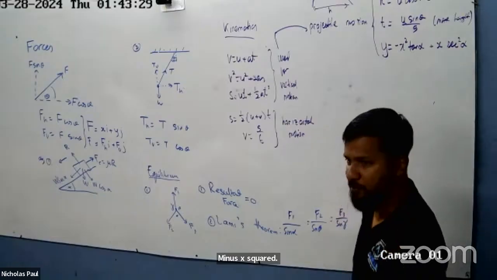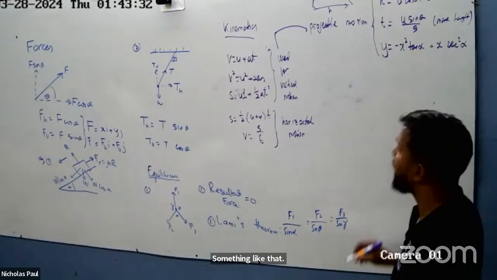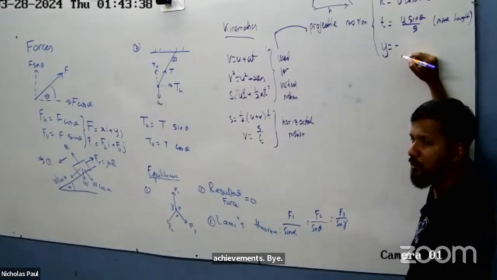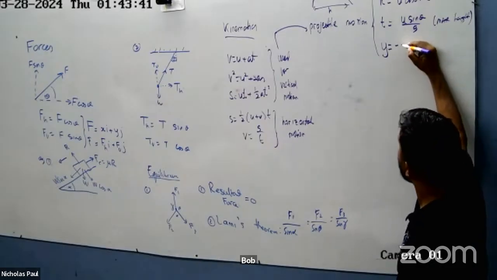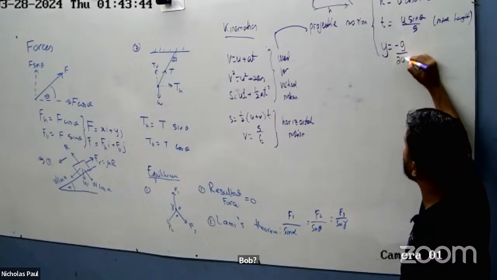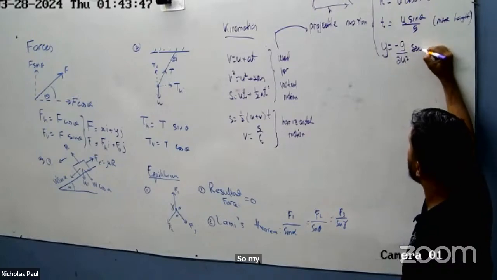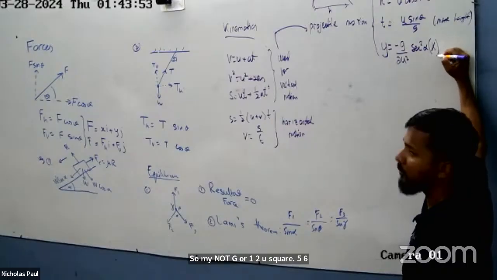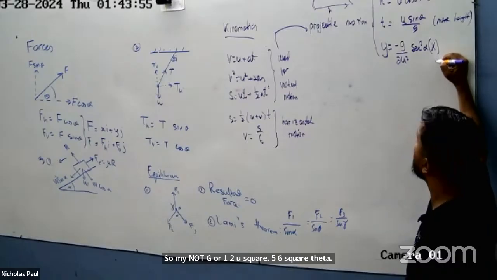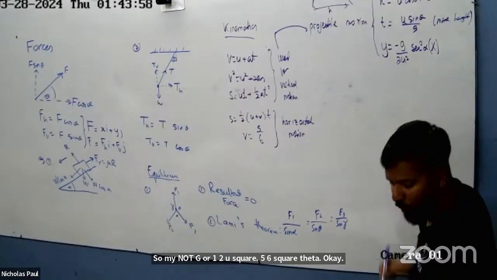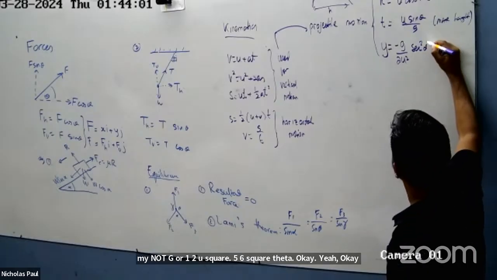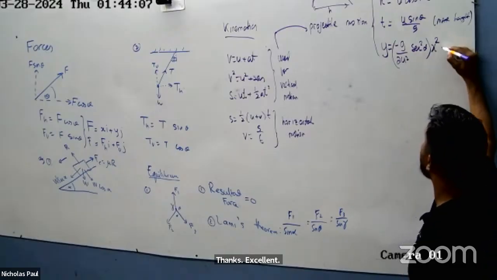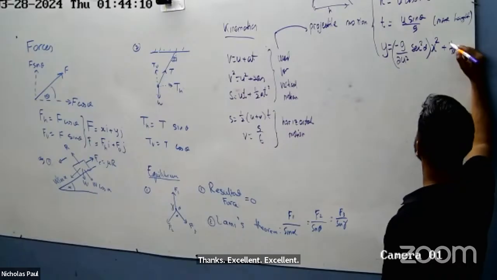No, I think something is missing. A g is missing there. So minus g over 2u squared times sec squared theta, the whole thing in brackets, times x squared, plus tan theta times x.